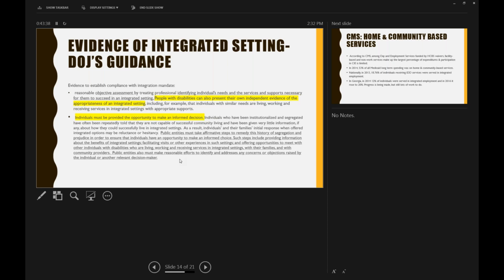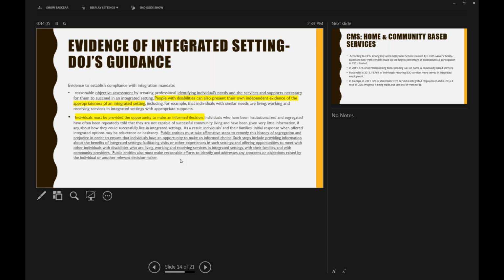And so it's saying here, the DOJ says public entities must take affirmative steps to remedy the history of segregation and help individuals make an informed choice by providing information about the benefits of integrated settings, setting up visits or other experiences, and offering opportunities to meet with other individuals who are living, working, and receiving services in integrated settings.